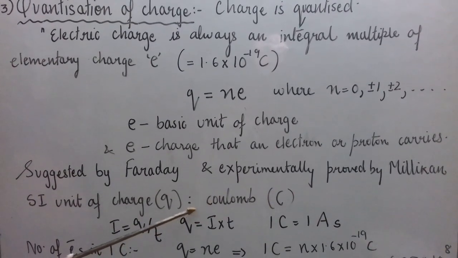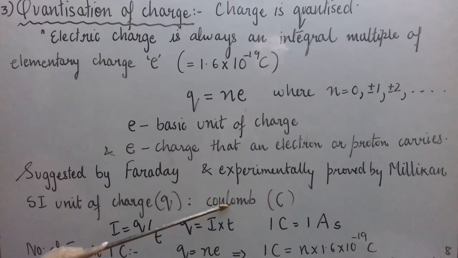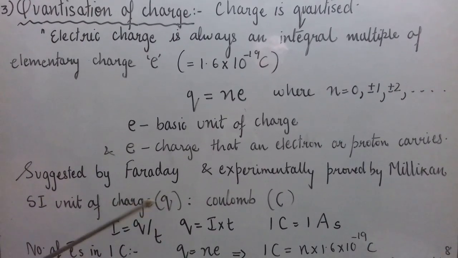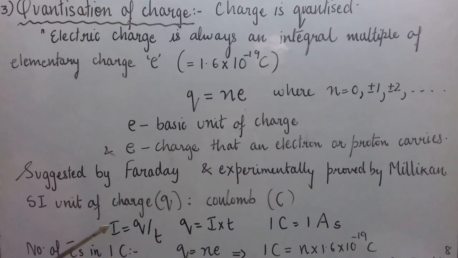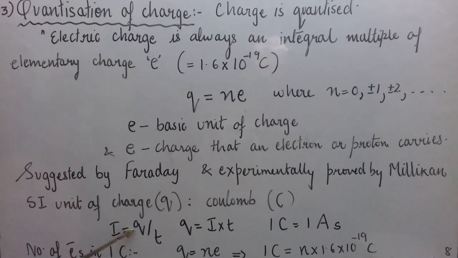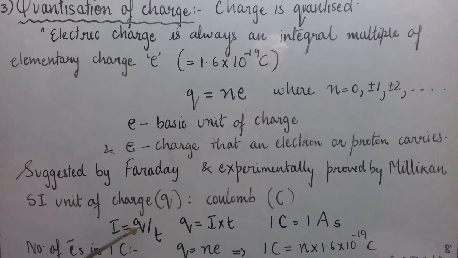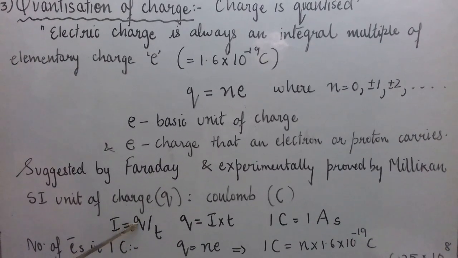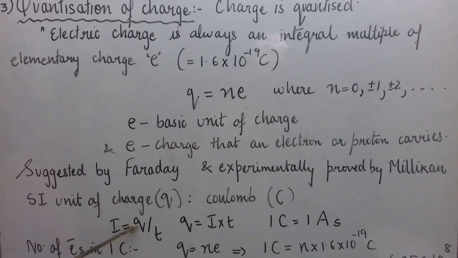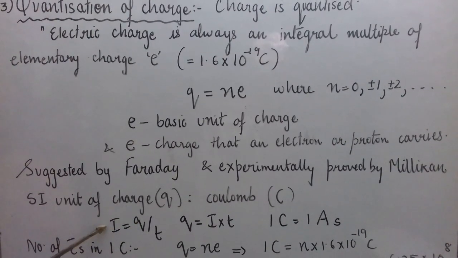In your 10th class, how do we define coulomb? We know this equation of electric current. Electric current is rate of flow of charge, or if you see this expression, I is Q upon t, where Q is the amount of charge that flows through the cross section of the conductor in time t. So Q upon t is the amount of charge crossing the cross section of the conductor in unit time, and this is nothing but electric current.